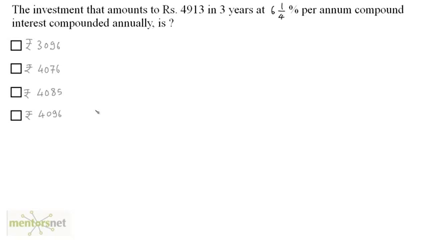The investment that amounts to rupees 4,913 in 3 years at 6 1/4% per annum compound interest compounded annually is? Well, this is a pretty straightforward question. You know the formula: amount is equal to P into 1 plus R upon 100 raised to N. Amount is given to you, that's 4,913, equal to the principal amount, or the investment, which is what you want to find, into 1 plus, what is the rate?